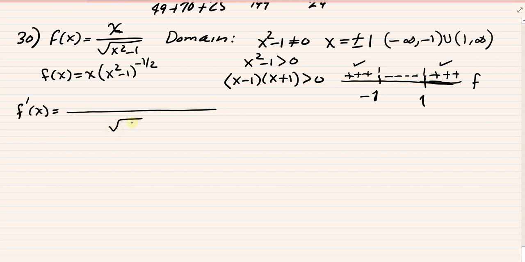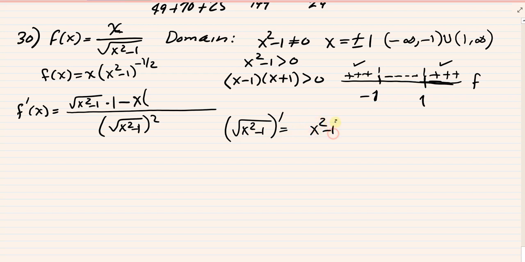Okay, square the denominator, x squared minus 1 squared. Repeat the denominator times derivative of the numerator minus numerator times derivative of the square root. Derivative of x squared minus 1. That's x squared minus 1 to 1/2, derivative of that.